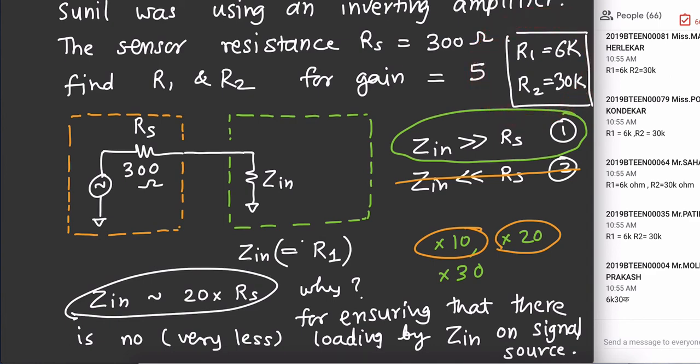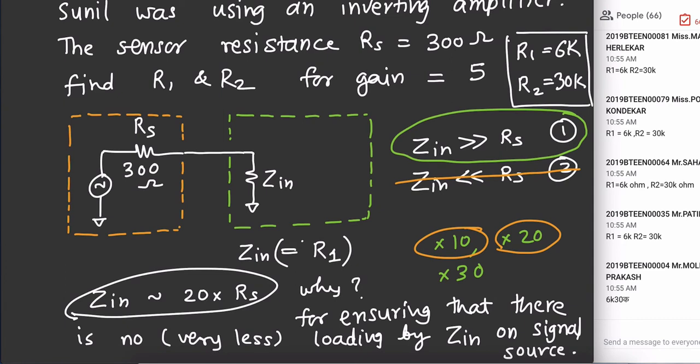So likewise, we should be able to decide the values of the components, right? This is what the design involves. We are starting the analysis as well as design hand in hand, so that it becomes easier for us to understand the circuit as well as the design process. If we start with simple examples like this, we will be able to do even complex examples very easily, because this is all logical.